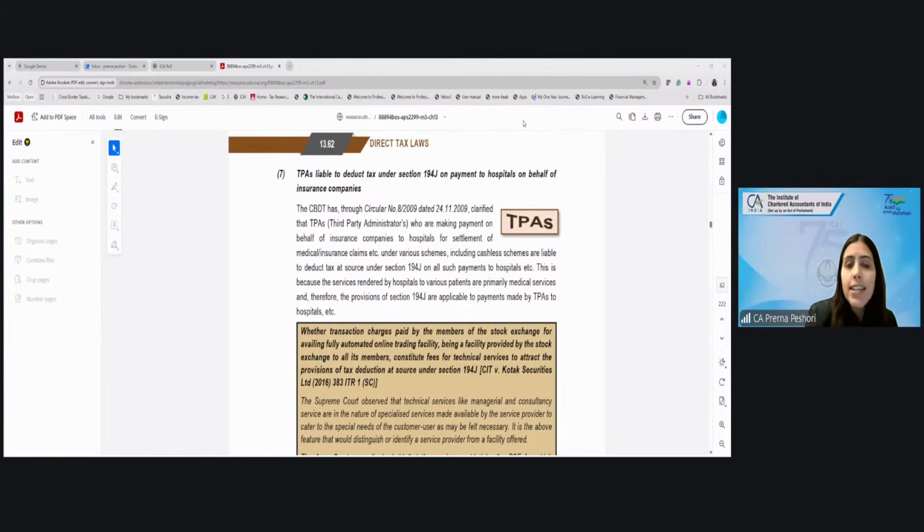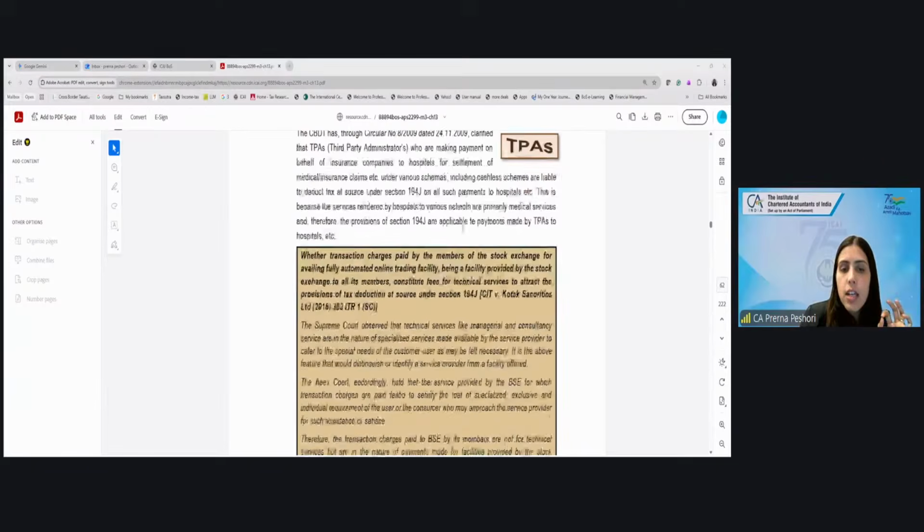Whether there is a requirement to deduct the TDS under 194J on the payment made to hospital because these are professional services. So the CBDT has clarified that in this context, the services rendered by the hospital are medical services and therefore the provisions of 194J are applicable to payment made by TPAs to the hospital.